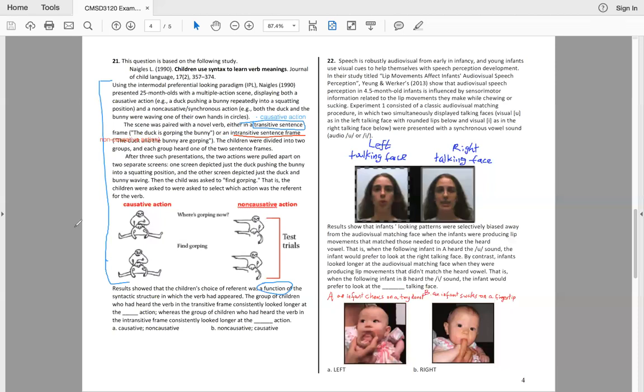So the answer is A. Here we mentioned causative action, a dog pushing a bunny repeatedly. This is a transitive sentence. And non-causative, both dogs were waving, doing something.